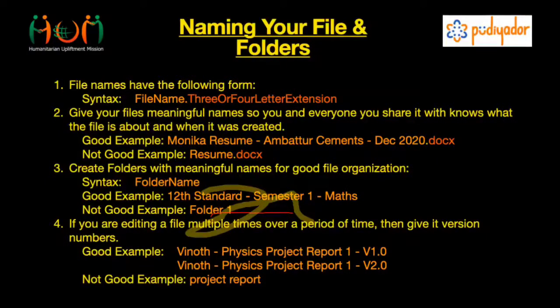So file names almost always have a syntax. Syntax meaning it has a file name in the beginning, there's a dot, and then there are 3 or 4 letters that come after the dot. Many of you are familiar with PDF files. PDF has a .pdf, right? PDF extension, 3-letter extension.